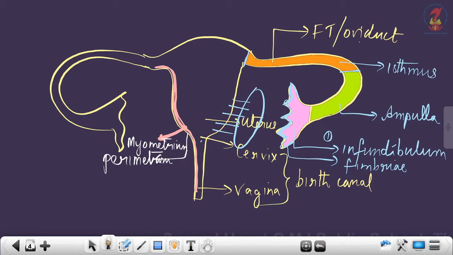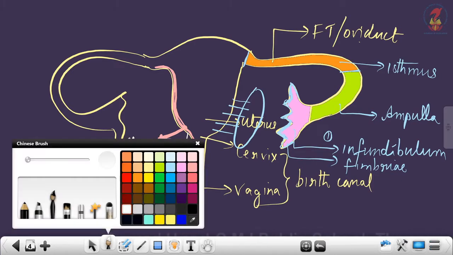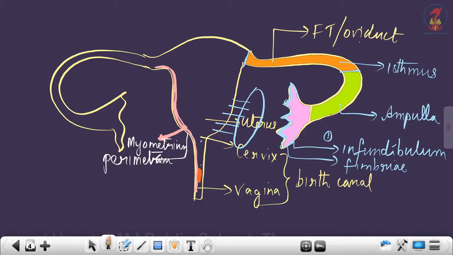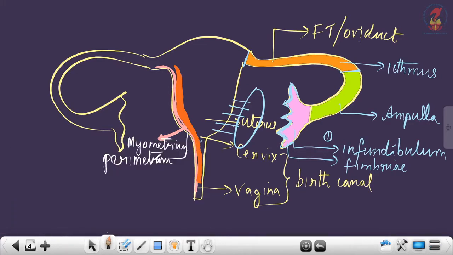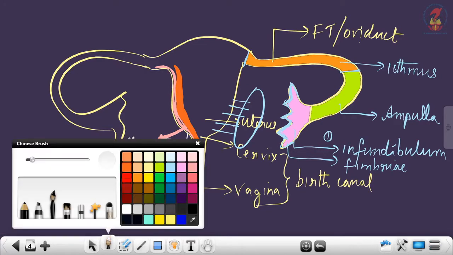And the innermost layer is the endometrium. It is highly glandular. I am making it thick. This is in orange color. I am indicating with orange color. This is the endometrium.